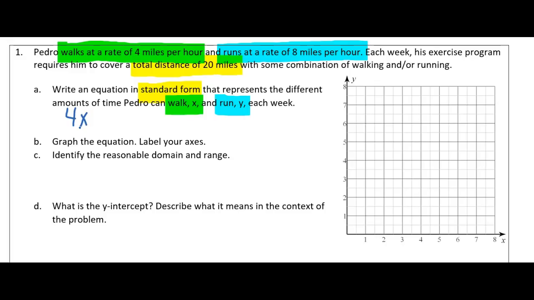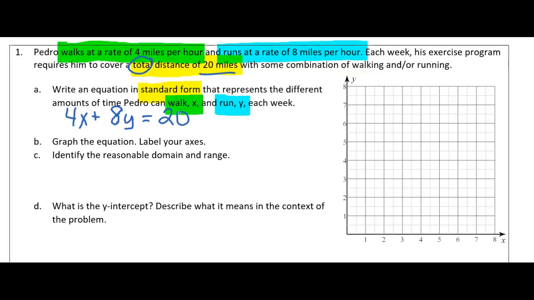I have my 8 miles per hour for my running, so that is 8 times y, for 8 miles for every hour. Then it says here the total distance is 20 miles. Well, total means to add. So if I add these two together, it should equal a total of 20, which now we have standard form: 4x plus 8y equals 20.